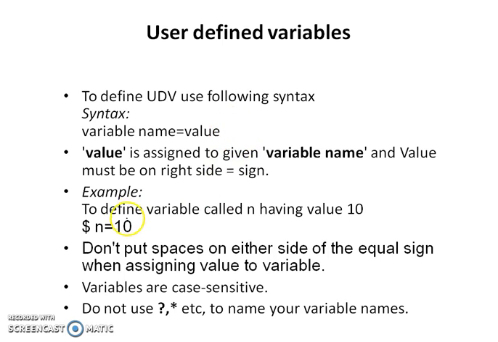For example, n=10. The variables are case sensitive, and do not put any space on either side of the equal sign when assigning the variable. Remember this. Do not use an asterisk or star etc. to name your variable.